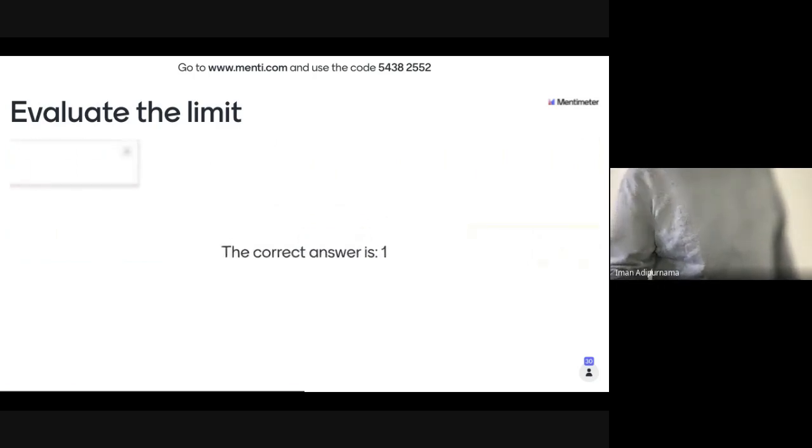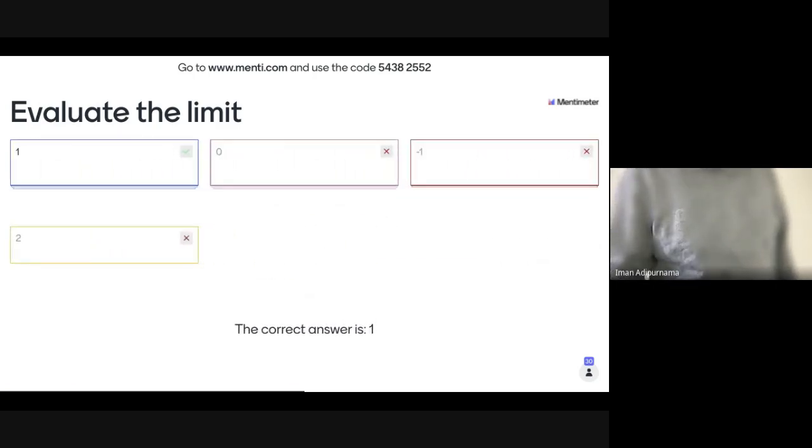If you answered negative, maybe something is wrong in the calculation, because it is impossible to be negative, right?